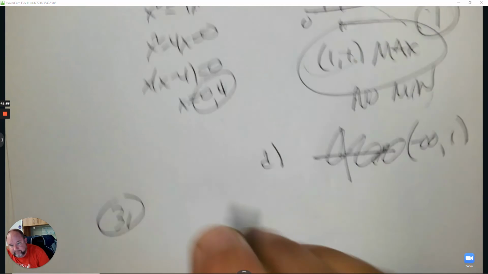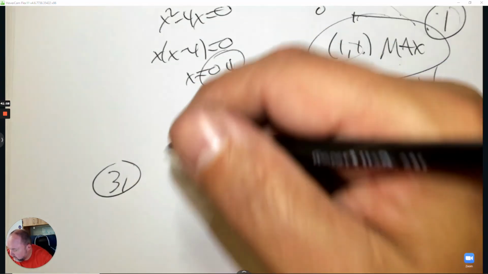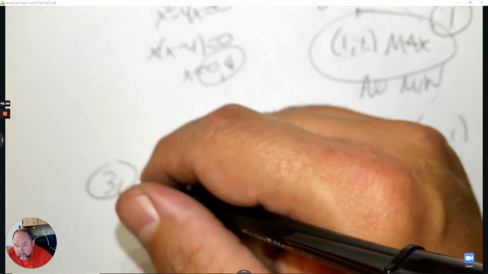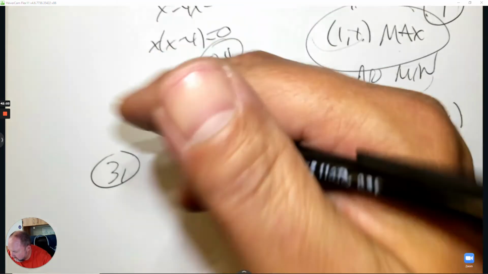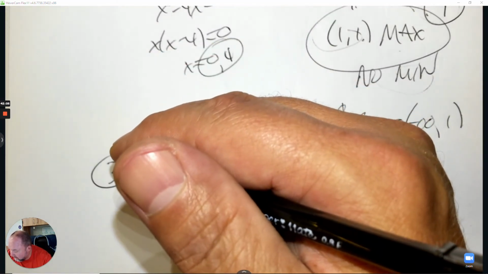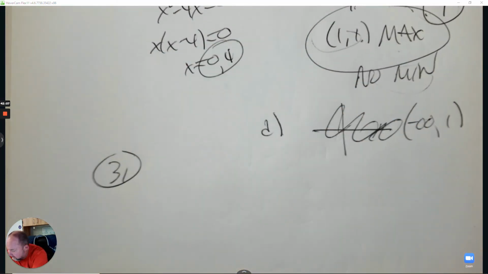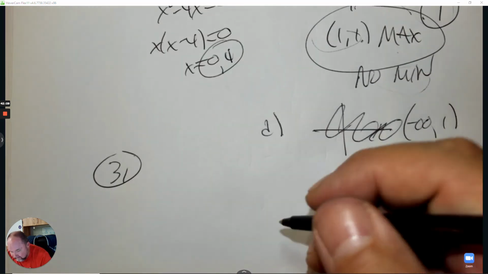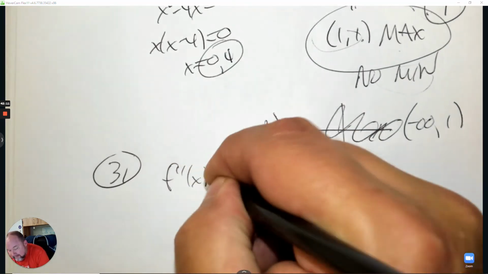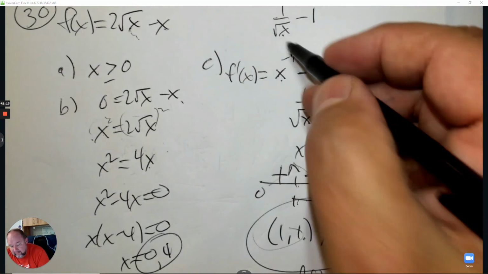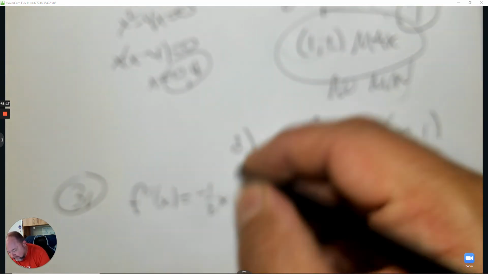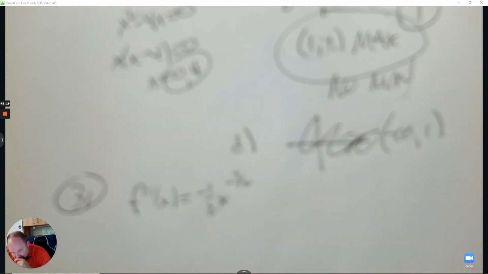31. Show that the graph that we just did has no points of inflection by building a second derivative number line which indicates the concavity. So the second derivative using this would be negative 1/2 x, subtract 1 to the exponent, and 0.